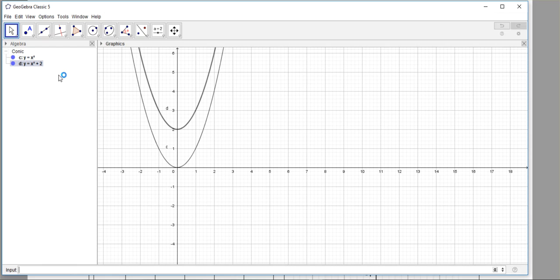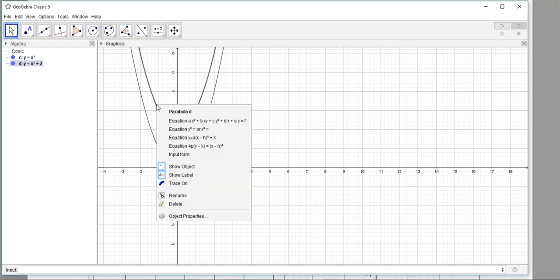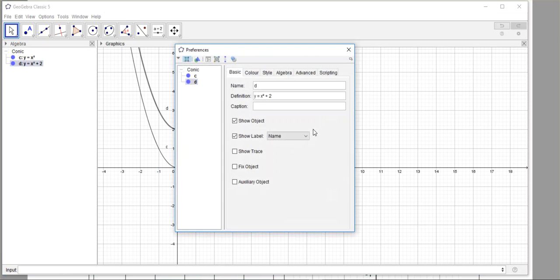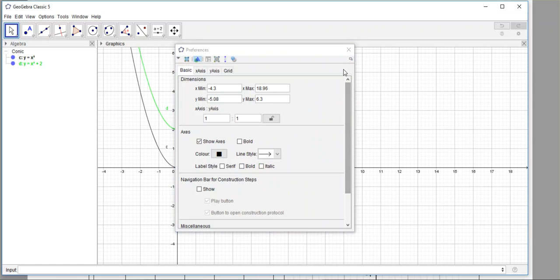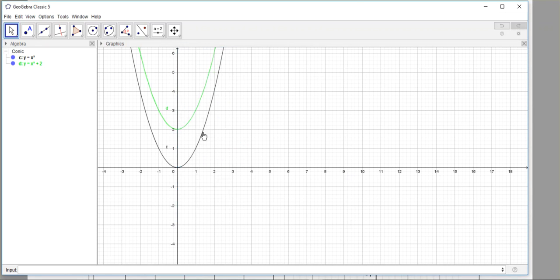So adding 2 onto the parabola moves it up 2. So you should ask yourself what happens if we go -2 or -3.